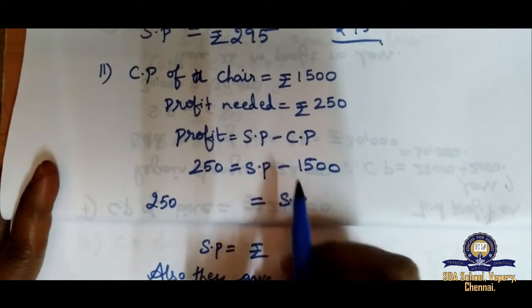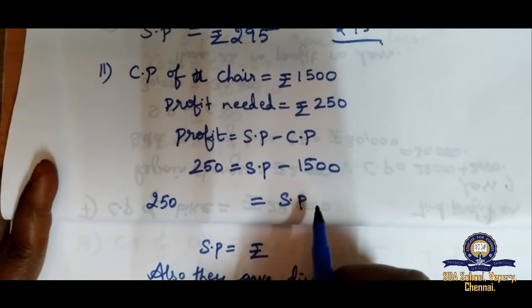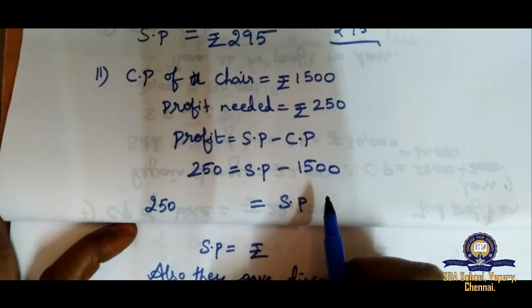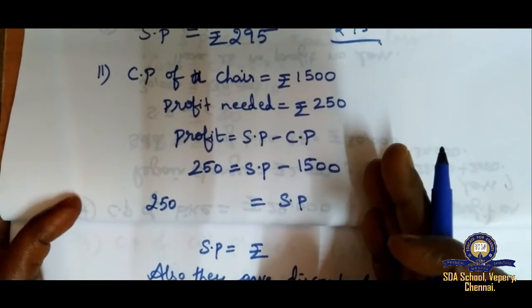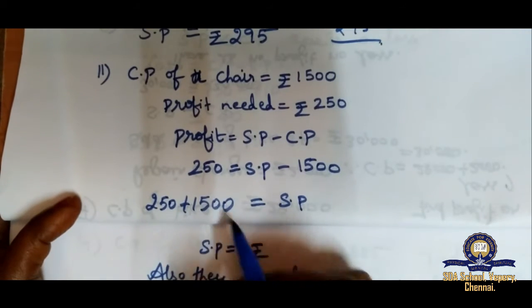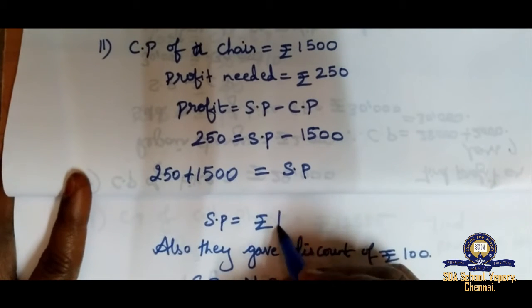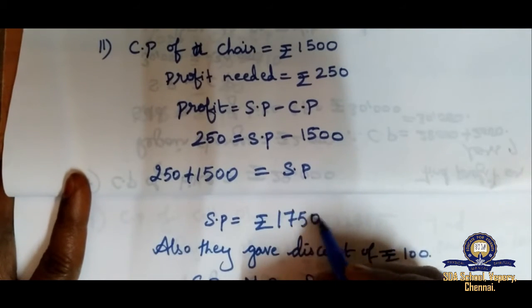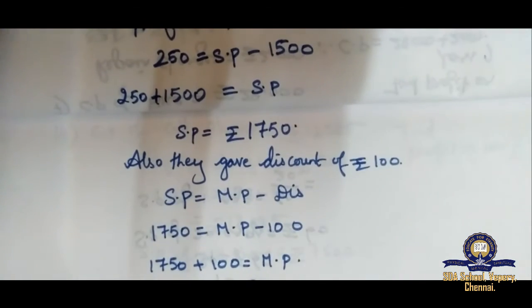On the right hand side SP is there, so I have written SP as it is. On the left hand side 250 is there. Here minus 1500 is there. If I take minus 1500 to the left hand side, it becomes plus 1500. Therefore 250 plus 1500, 1750 rupees. So selling price of the chair is rupees 1750.